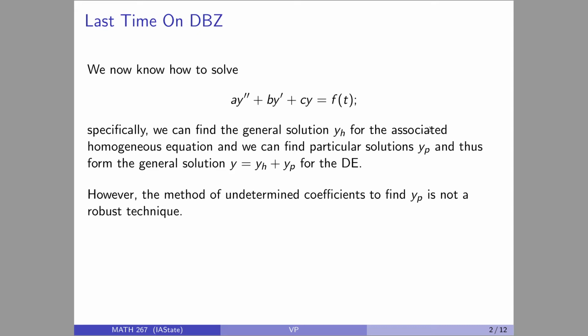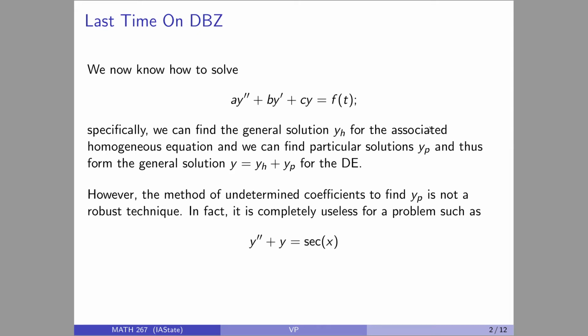A polynomial's derivative remains a polynomial. A derivative of an exponential is still an exponential. Derivative of sine and cosine is still sine and cosine. So if the right-hand side was, oh, I don't know, secant, whose derivative is secant times tangent, trying to guess what's going to work is probably no longer an option.